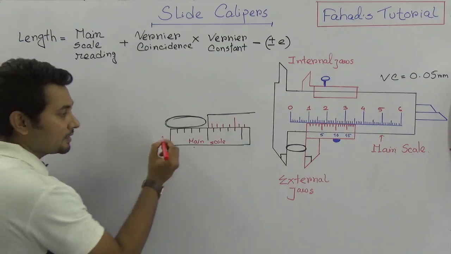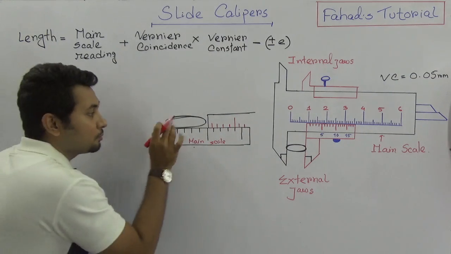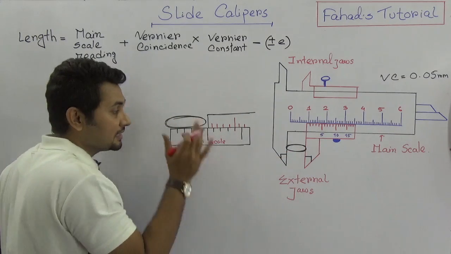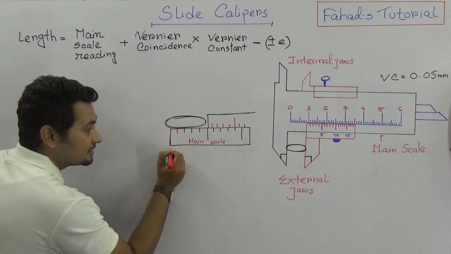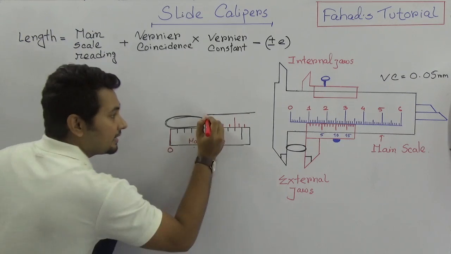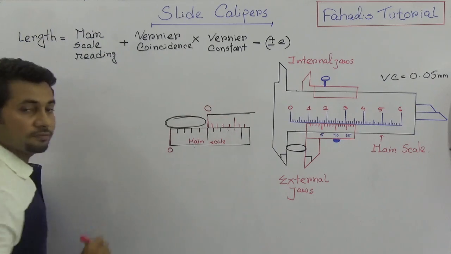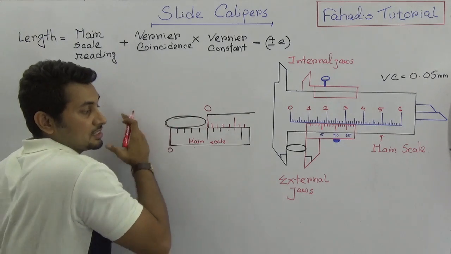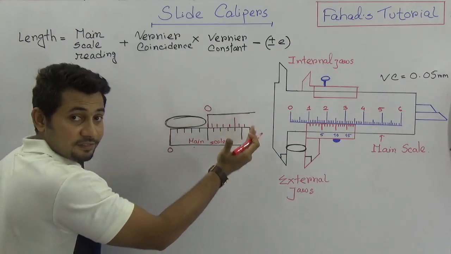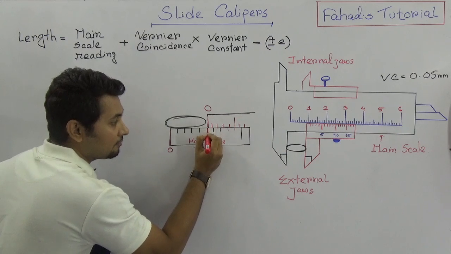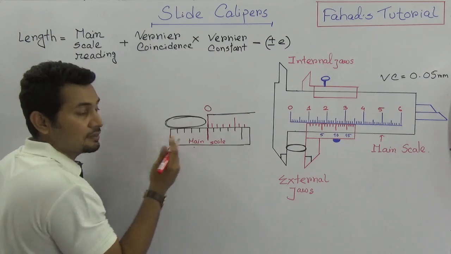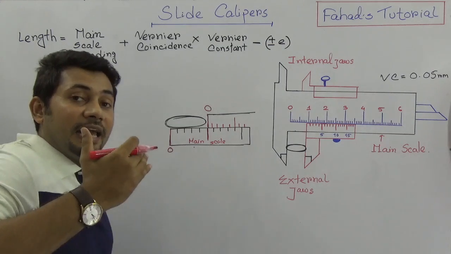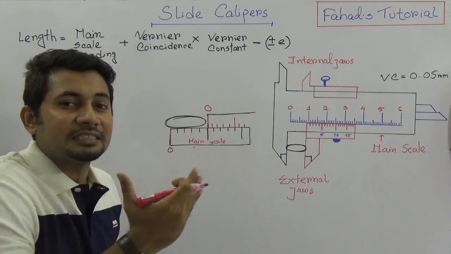As you know, when you place something between the external jaws, you see this is the 0 of the main scale and this is the 0 of the Vernier scale. The 0 of the Vernier scale has shifted past some spaces, so we have to count which space it crossed.